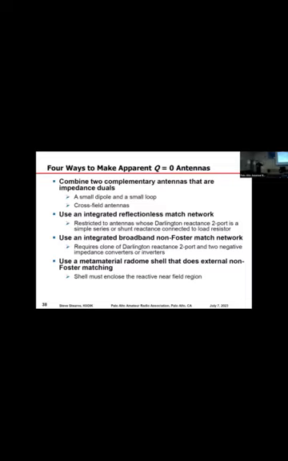In fact, it's generally true that you can match an antenna on either side, the space side or the feed point side. You either put an electrical network at the feed point, or equivalently, you can put something on the other side of the 2-port, thinking of the antenna as a 2-port, which is a radome that surrounds it completely. If you design it with the right properties, it will also impedance match the antenna.